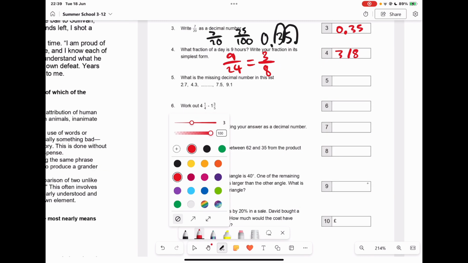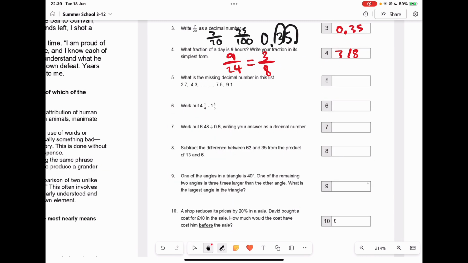What is the missing decimal number in this list? Okay, so 2.7, and then we have 4.3, the number 7.5, and then 9.1. So we find the difference here.